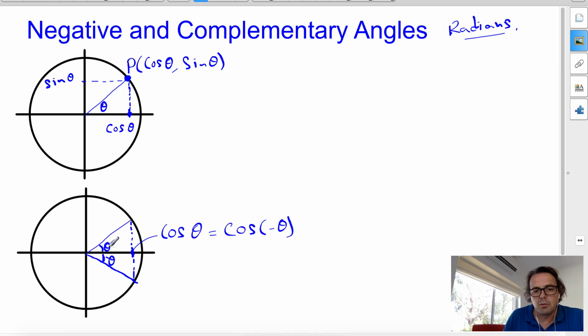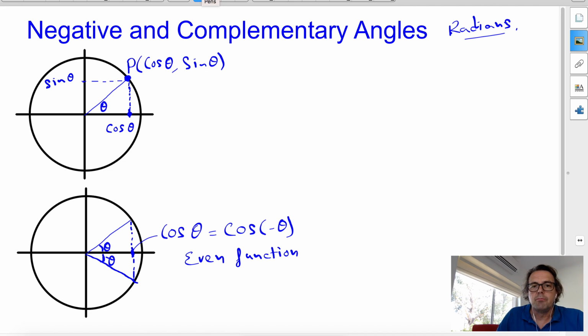So the cosine of positive theta is the same as the cosine of a negative theta. This is called an even function. If the cosine of theta equals the cosine of negative theta, or if the function value for x is the same as the function value for a negative x, then we call it an even function.